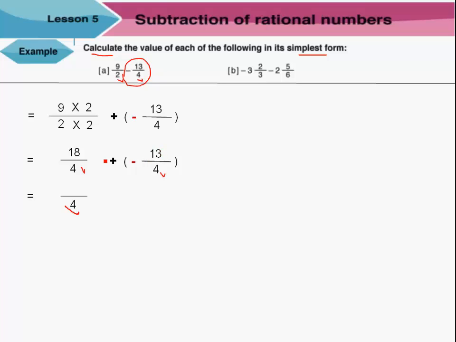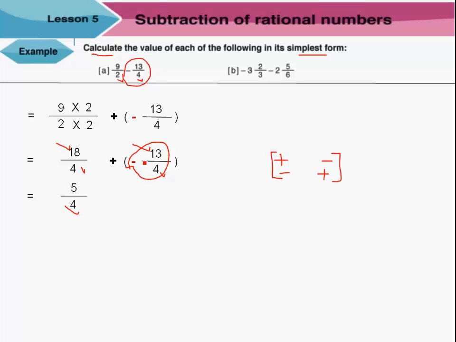I told you before, if you have plus and minus sign, or minus and plus sign, which means you have different signs, in this case you have to make a subtraction of the numbers. So here we have plus rational and minus rational number. We will make subtraction between these two numerators, which is 18 minus 13 is equal 5.